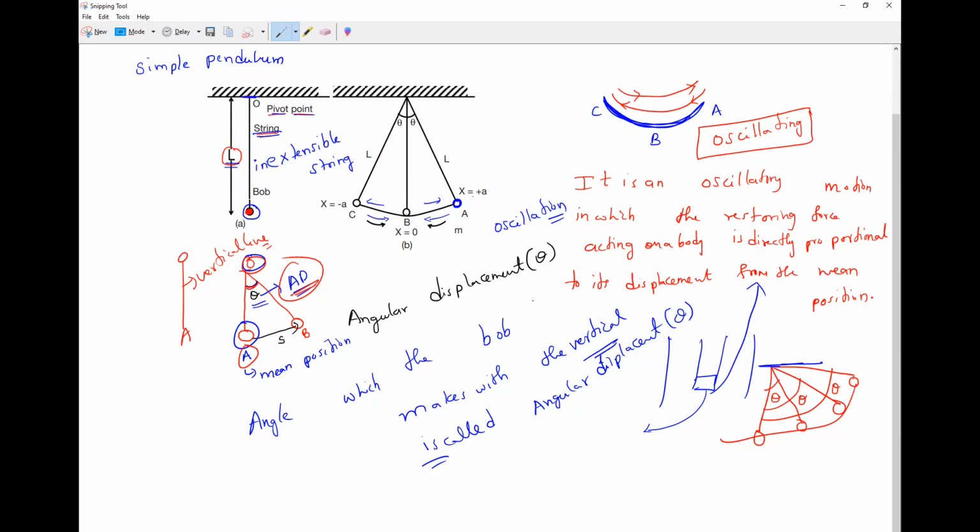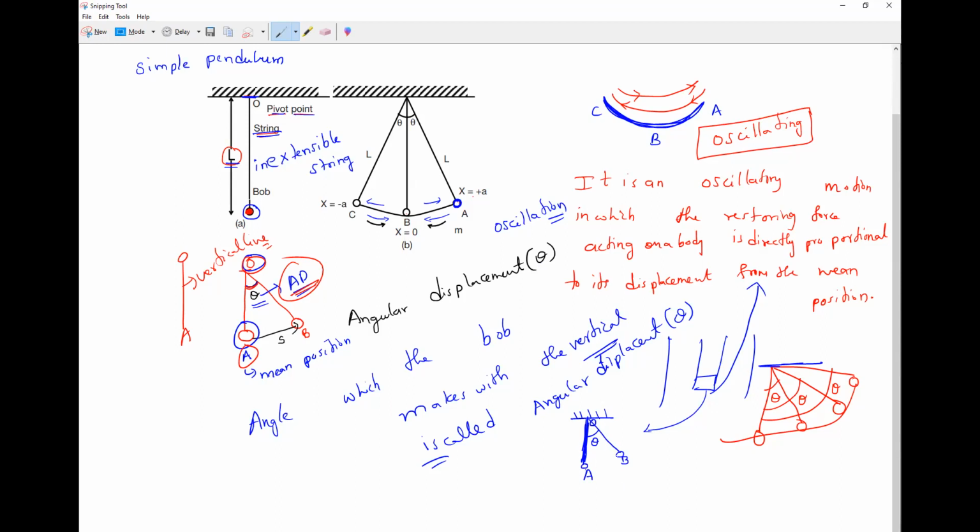Let us understand it. For example, if I take a pendulum, all of you remember, this is a rigid surface, pivot point. Mean position is A. I have made an angular displacement theta, and I went to the B point.